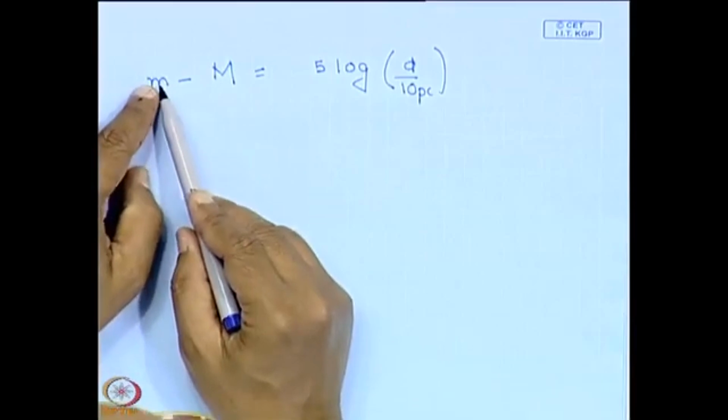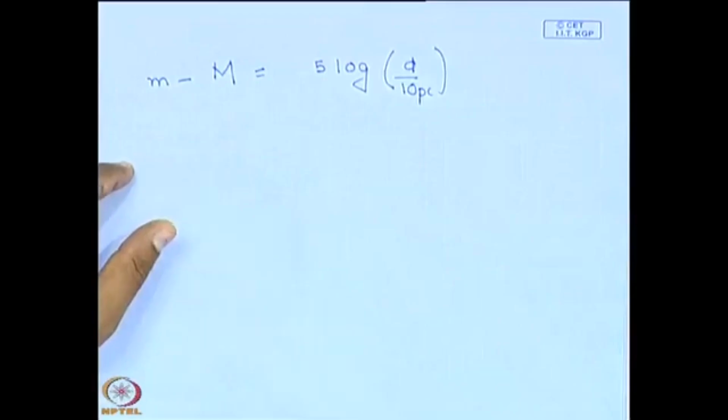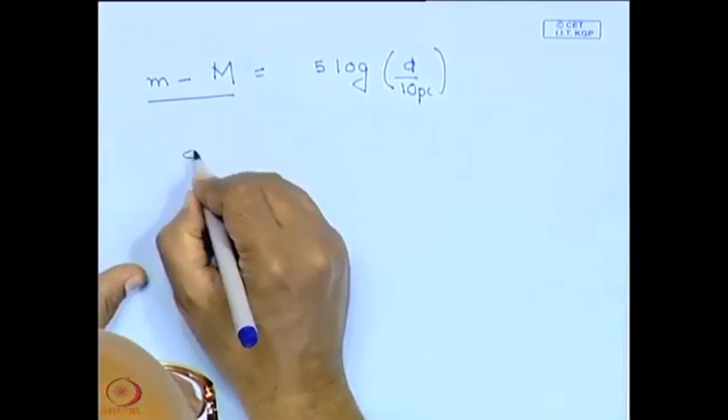This distance should be in parsecs, d. So if I can measure the apparent magnitude of an object and I know its absolute magnitude, this gives an estimate of the distance to that object. This number is called the distance modulus.